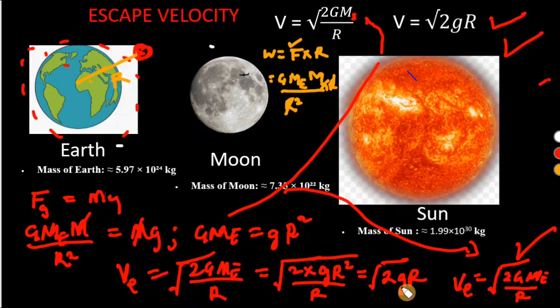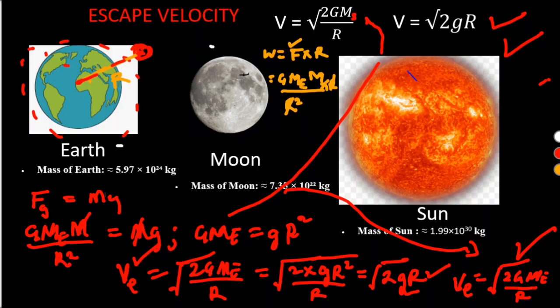If you know the gravitational acceleration and the radius from the center of the Earth, you can find the escape what? Velocity. So let us solve some problems to illustrate this.